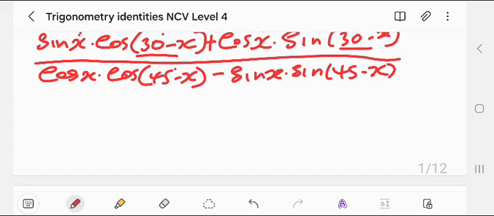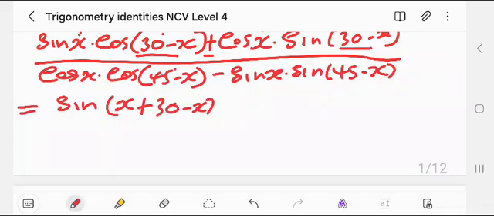So here you simply have, on the top, sine of x plus 30 minus x, right? This is plus. Supposed to put a bracket like this, but because there is a plus, it does not affect anything even if we multiply them.